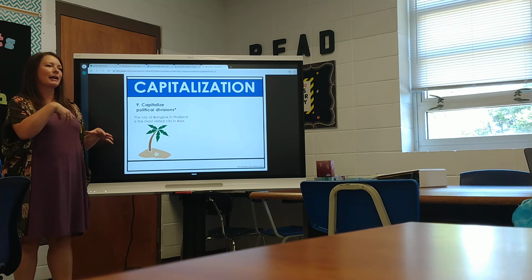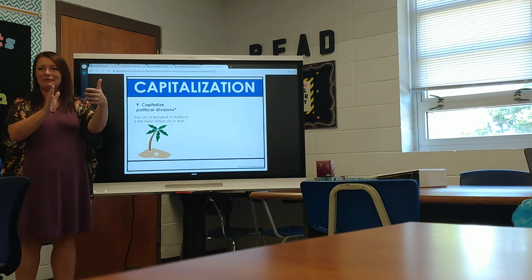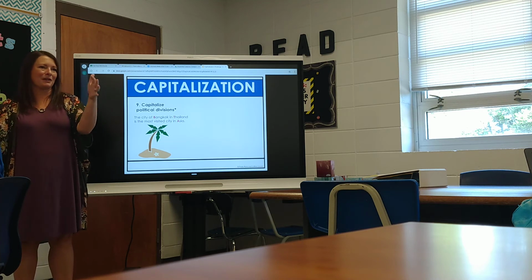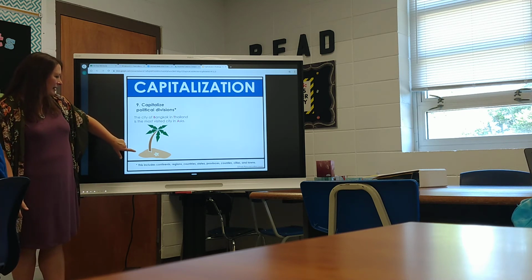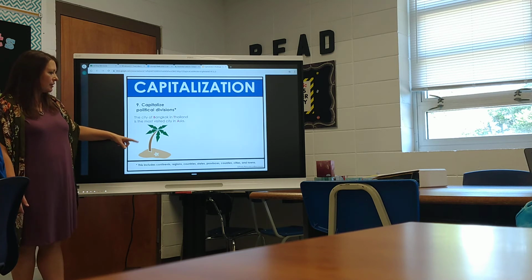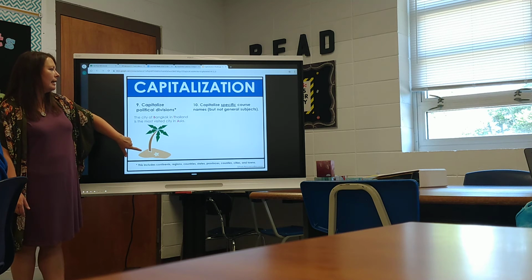Those are our man-made divisions. Like people named those and decided what the borders were. So those are political divisions. And this includes continents, regions, countries, states, provinces, counties, cities, and towns.